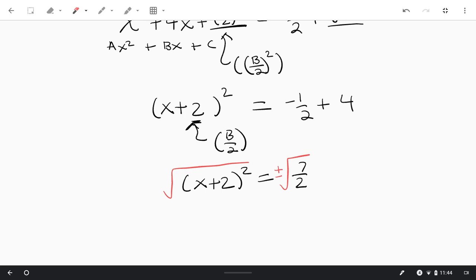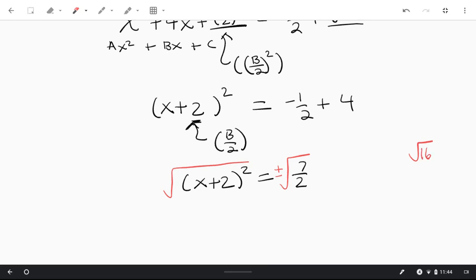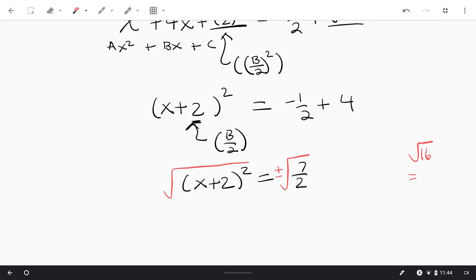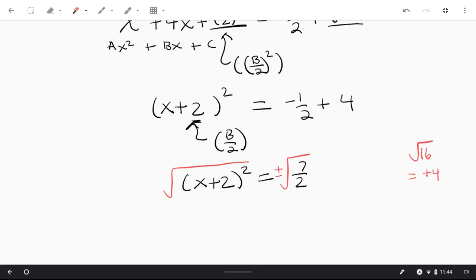Okay, when we were talking about square roots previously with numerical square roots, they were talking about the principal square root, in which case you just take the positive answer. But we all know, like if you take the square root of, let's say 16, right? Well, if you're trying to find a number that you can square to give you 16, then that could be positive 4, right? Because 4 times 4 is 16.